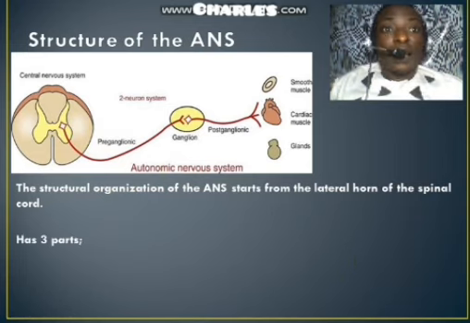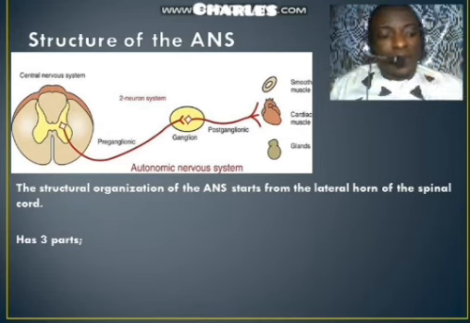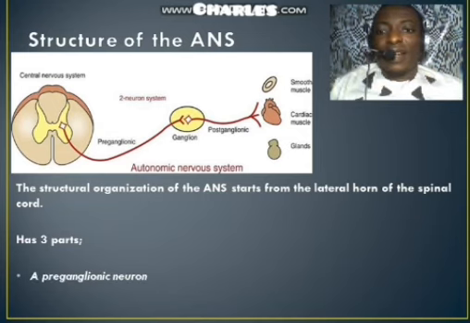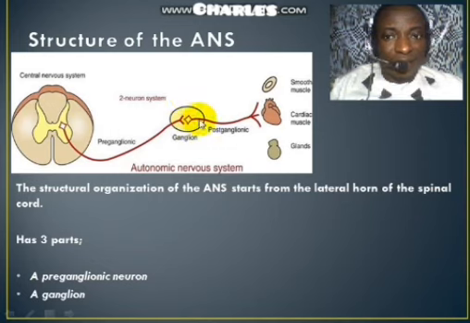The ANS has three major parts. The first part is known as the preganglionic neuron. This area represents the preganglionic neuron. The second part is the ganglia. This area here represents the ganglia.